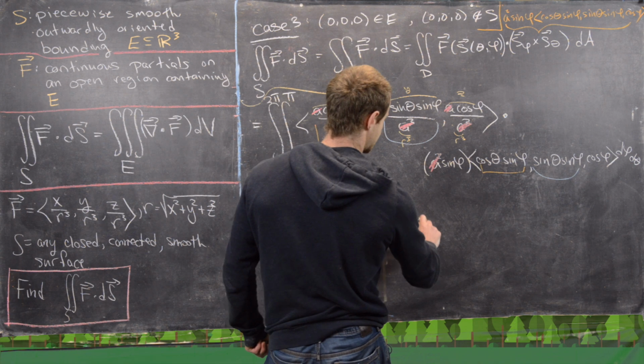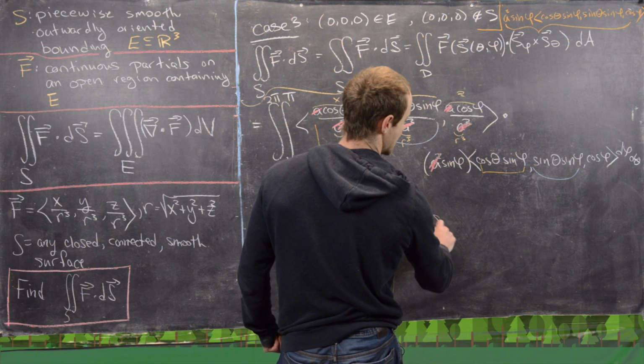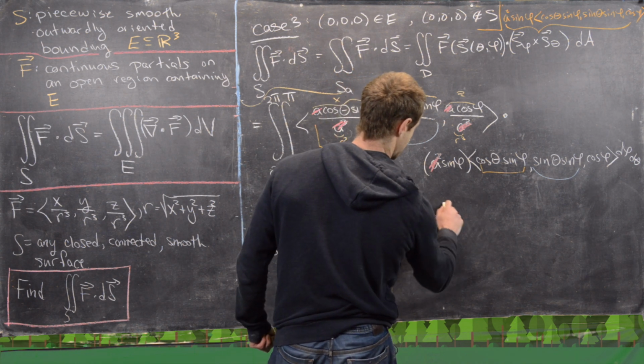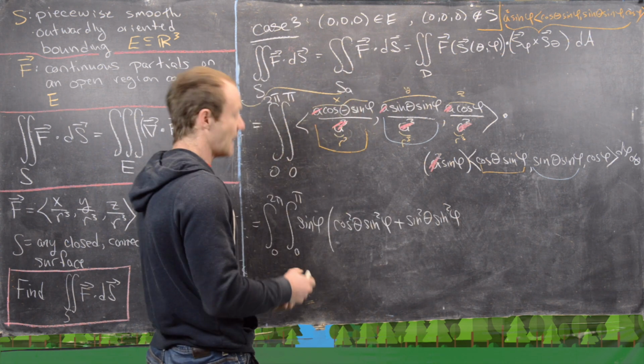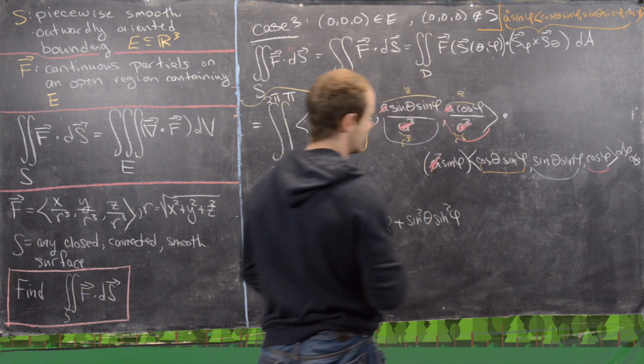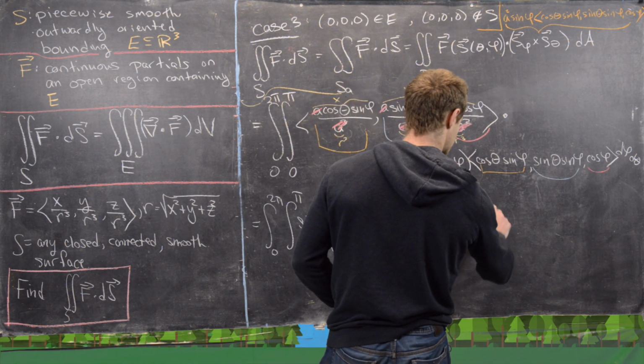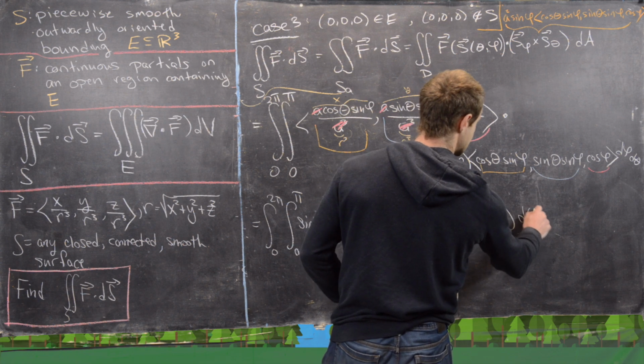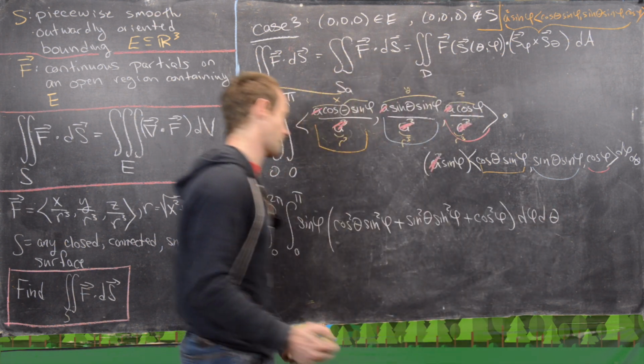So that's going to be sine squared theta and then sine squared phi. Great. And then we hit this last component with this last component. So that's going to be plus cosine squared phi. And now we're doing d phi d theta.